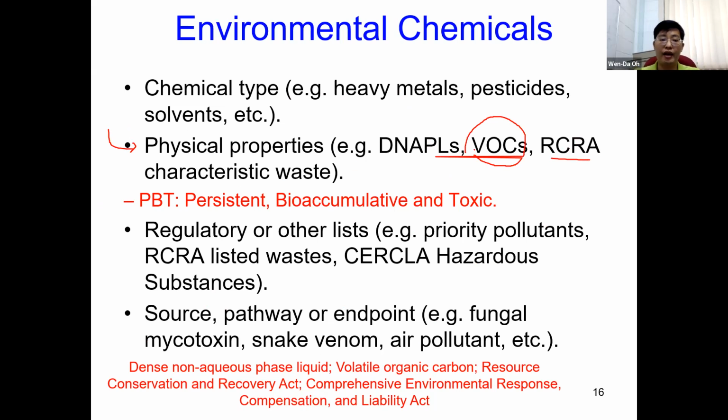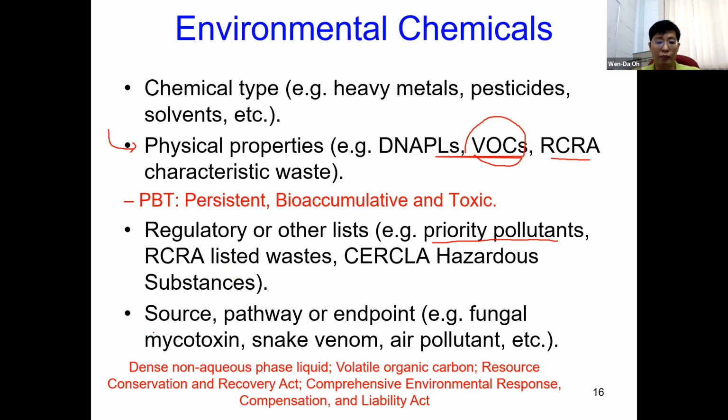Okay. All these have certain physical properties. You can also look into classification based on PBT, which is persistent, bioaccumulative and toxic chemicals, right? Another one is regulatory or other lists, like, for example, priority pollutants, RCRA listed waste, or CERCLA hazardous substances.